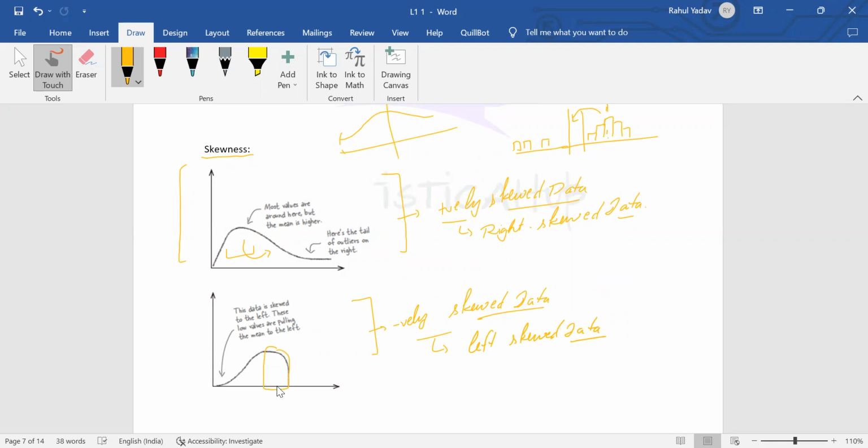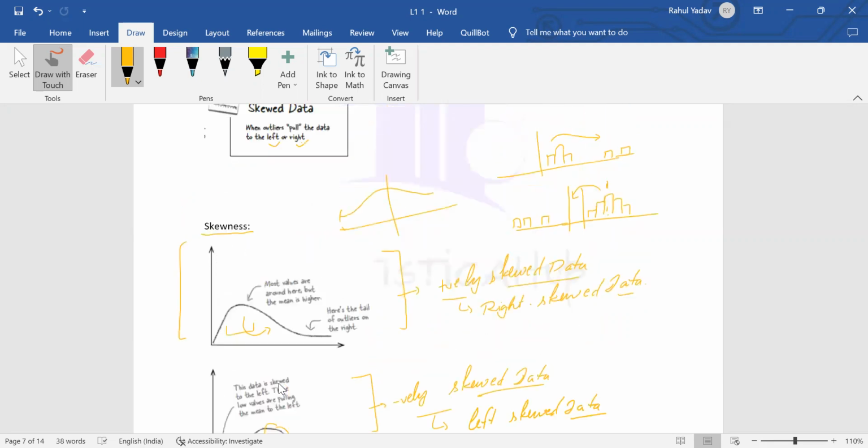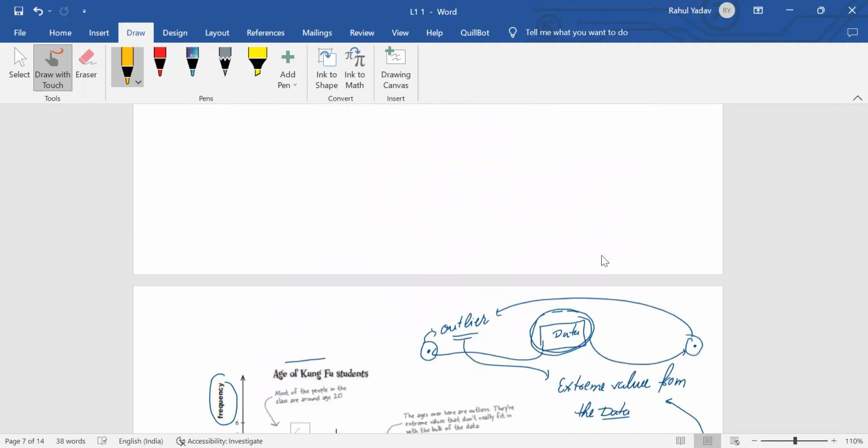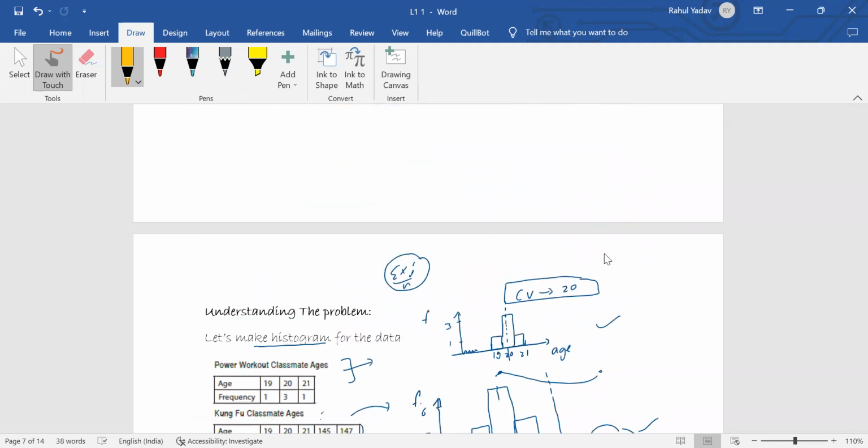Okay, so this is the meaning of skewness and outliers. For calculating any kind of average, that is the mean, we need to deal with outliers. If we don't deal with outliers, the same thing that Clive experienced can happen in many cases.